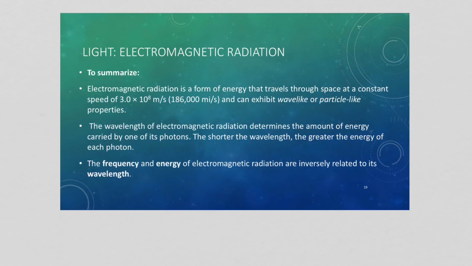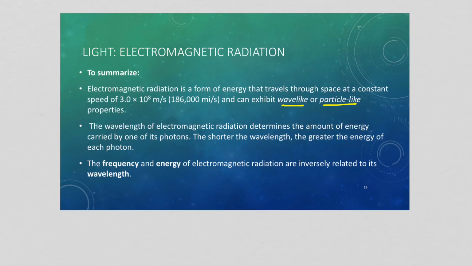So to summarize all of this, electromagnetic radiation is a form of energy that travels through space at a constant speed, the speed of light, 3 times 10 to the 8 meters per second, and can exhibit both wave-like and particle-like properties.